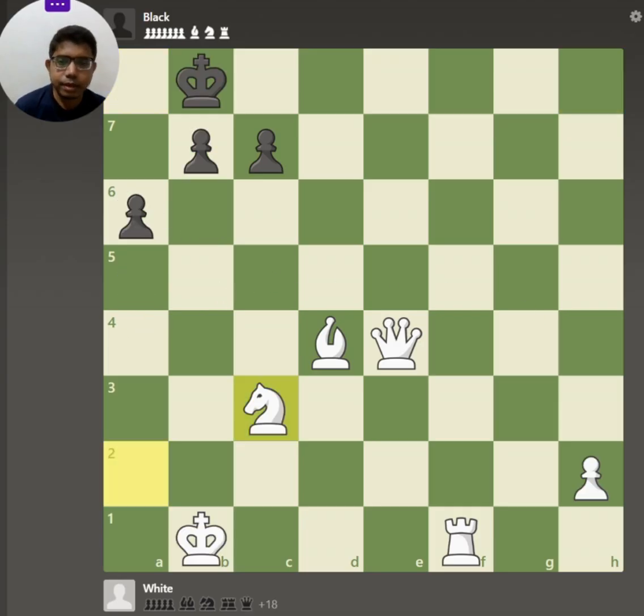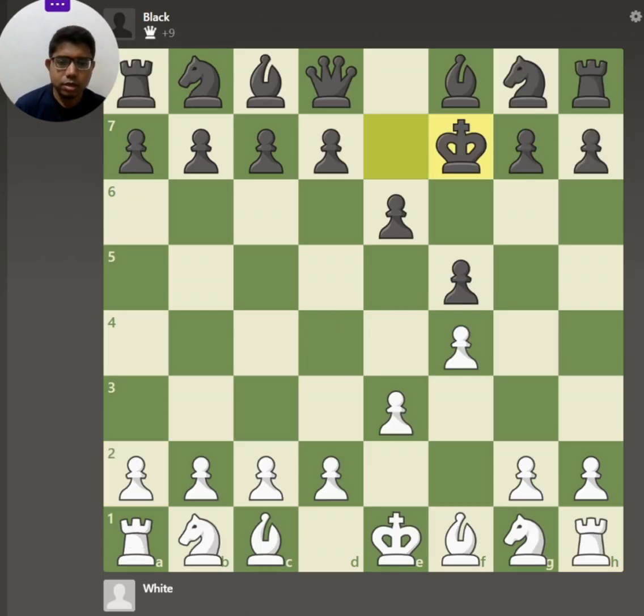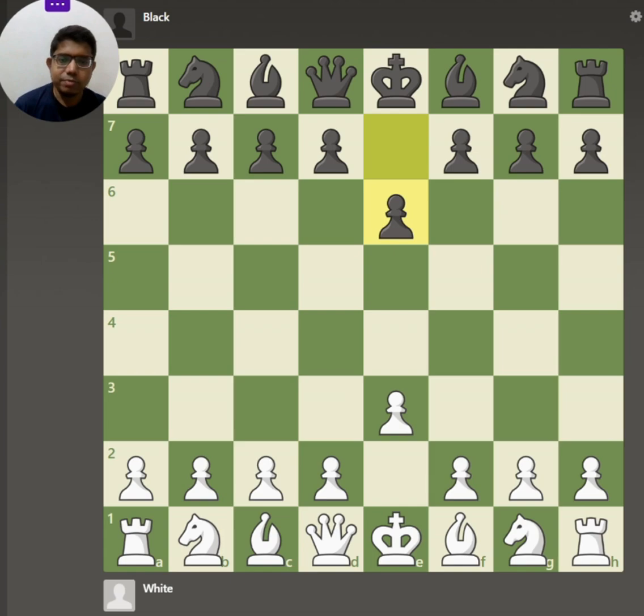So before we go into other things, we need to understand three important concepts. First, the pawn also has another special move, which is called en passant, which means in passing. It's a French phrase.